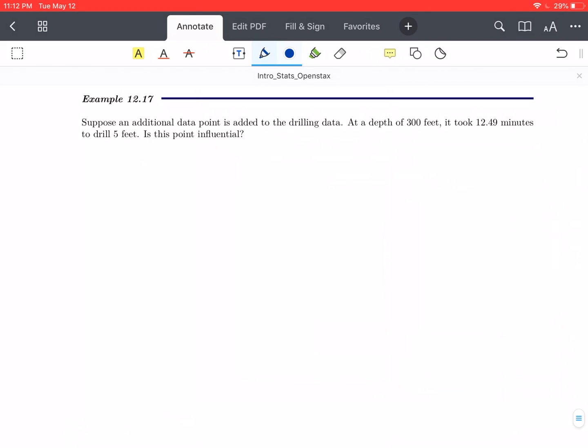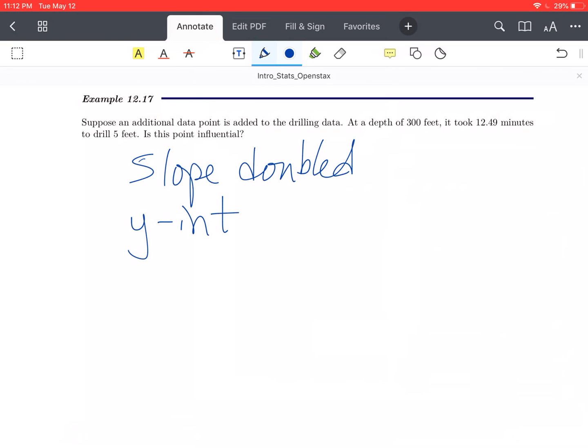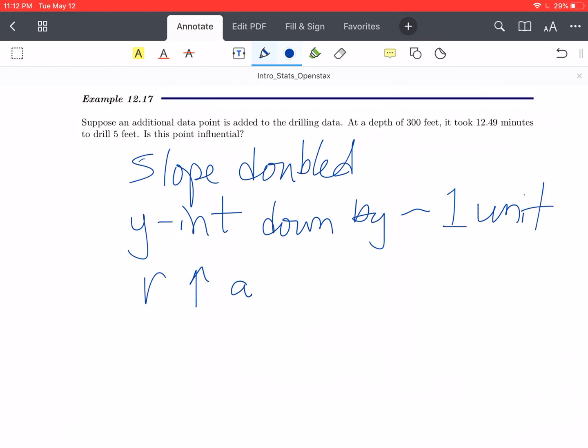So, we could say slope doubled, y-intercept down by about 1 unit, and R increased by about 0.1. Okay, so is this point influential?